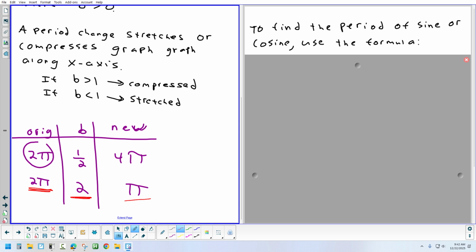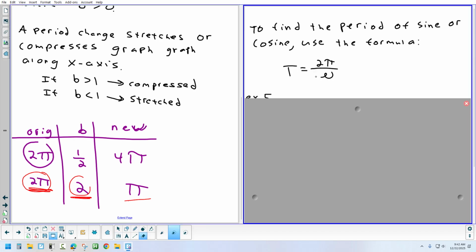You multiply this times this to get that. Oh no. You would multiply the reciprocal. Multiply by the reciprocal, yeah. Or just divide the original value by b. That's how you get the new value. So that's a formula that calculates the new period for you. It's the original value divided by b.